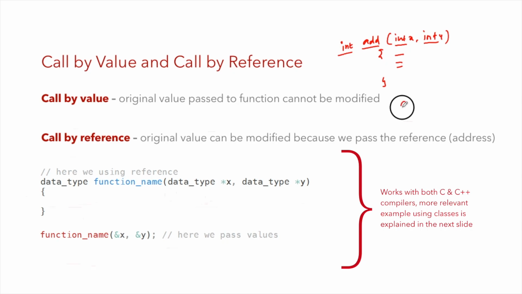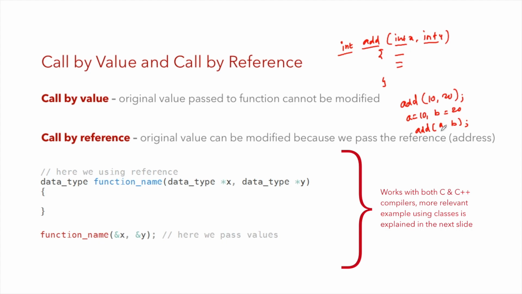So when you make a call for this function, let's say with 10 and 20, or let's say you have two variables, a is equal to 10 and b is equal to 20, and then here is your call add(a, b).